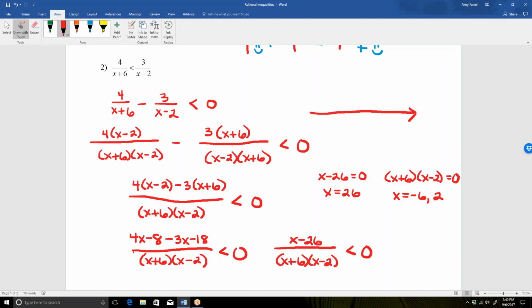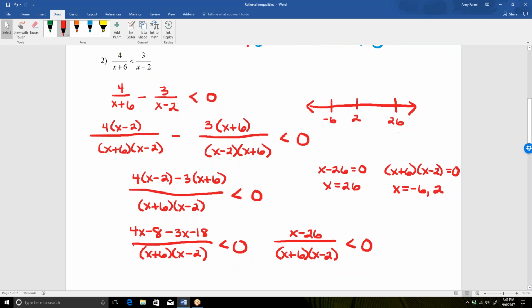I'll put these numbers in numerical order. Negative 6 is the smallest, followed by 2, followed by 26. My number line is split into 4 different intervals this time: negative infinity to negative 6, negative 6 to 2, 2 to 26, and 26 to infinity. Those intervals are going to go in my sign chart.